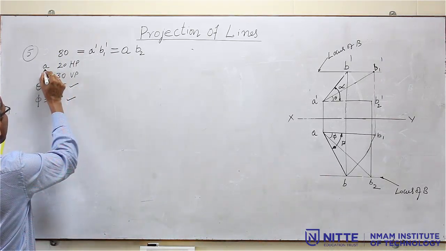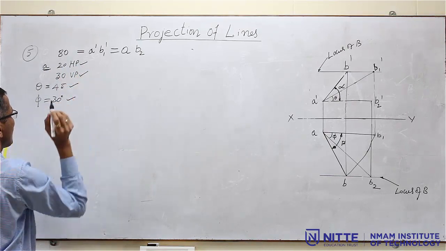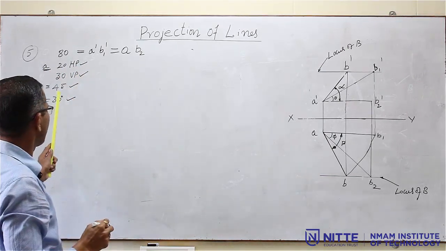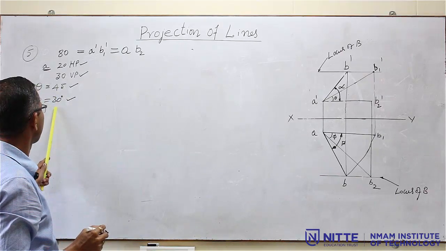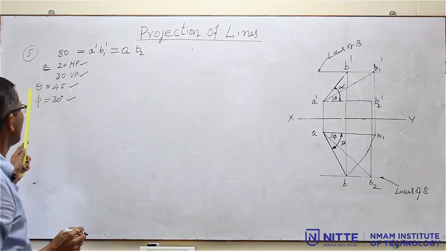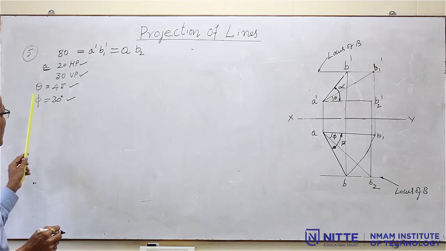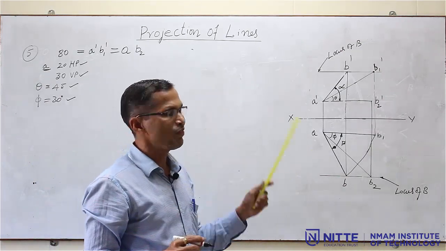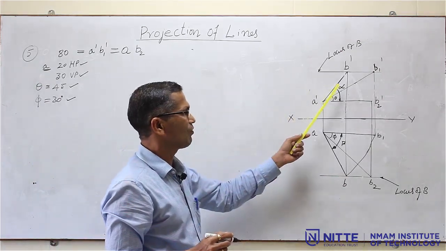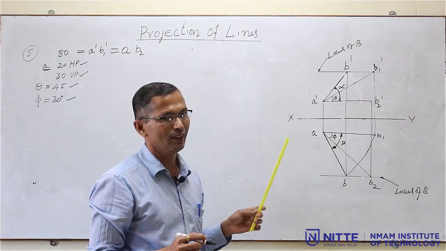Then they mentioned that the end A is 20 mm above HP and 30 mm in front of VP. It is inclined at 45 degrees to HP and 30 to VP. So, HP inclination is theta, VP inclination is phi. So, it is not alpha and beta. Alpha and beta apply if they say the front view is inclined, or if they say the top view is inclined, then it is beta.